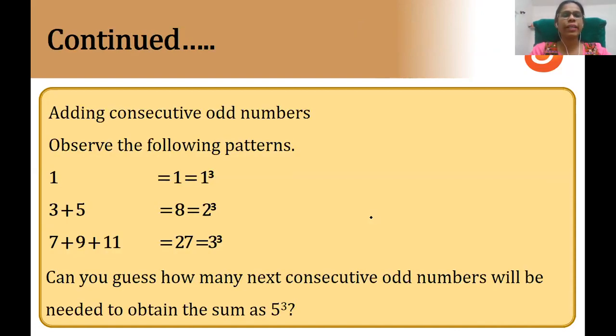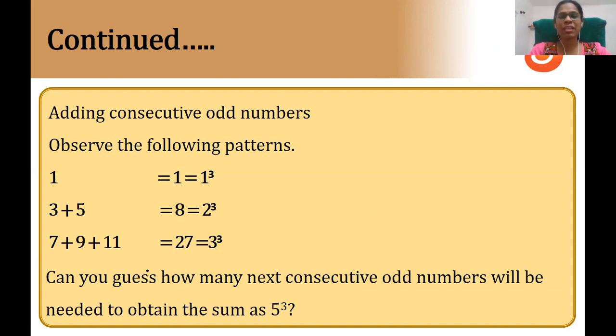Now, coming to adding of consecutive odd numbers. We observe the following odd numbers. 1 is equal to 1 cube. Then 3 plus 5, which is again 8, a cube number. Then 7, 9 and 11, which is the cube of number 3.